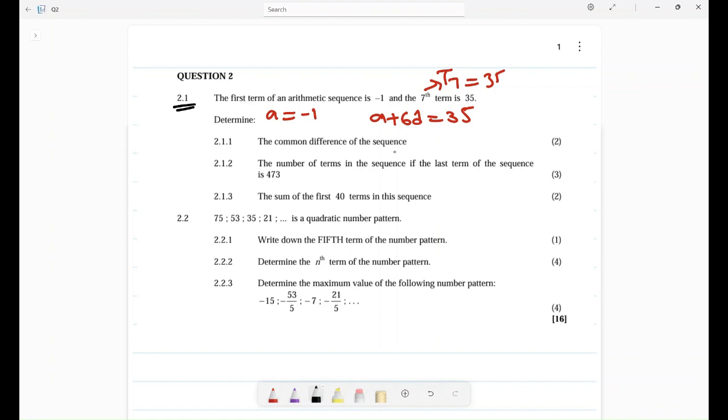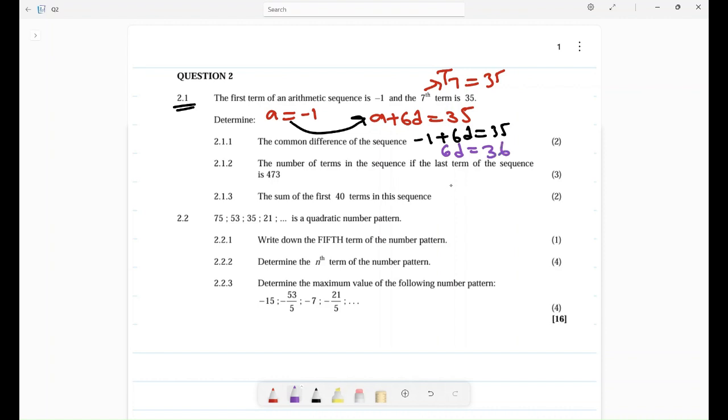Now we want 2.1.1, the common difference. We aren't answering anything here, we're just analyzing. Determine the common difference of the sequence. I substitute a here because I have d here, right? So when I substitute a there, it's going to be -1 plus 6d equals 35. Then 6d is equal to 36, taking -1 to the other side.